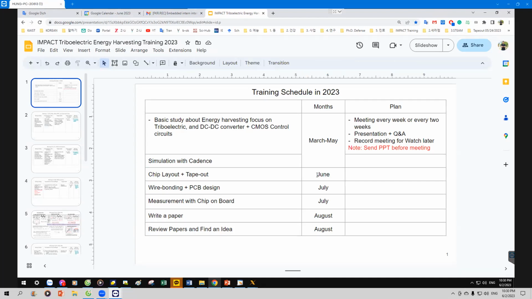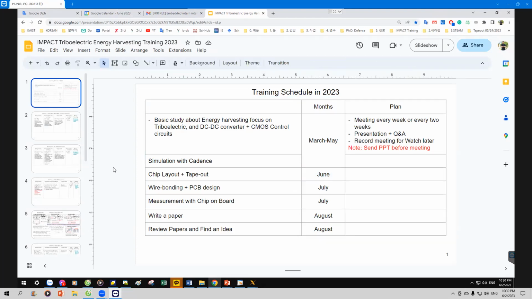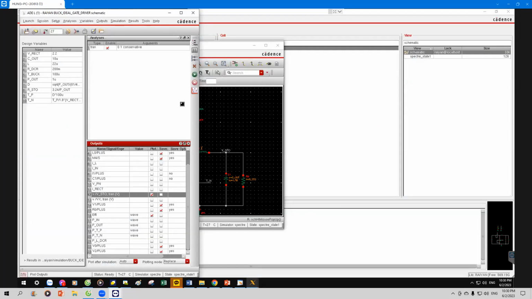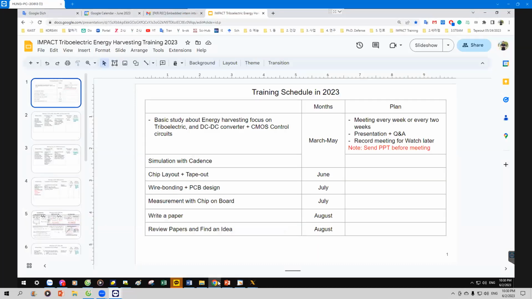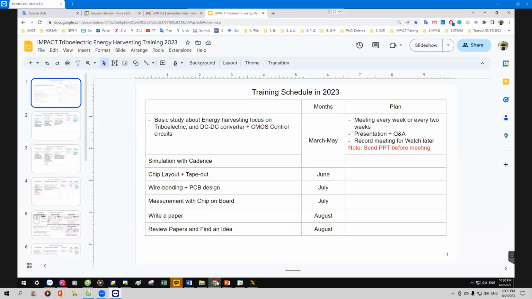I think we are quite late with the schedule. In summer, we can actually work more than once a week, if you are okay. In summer you have more time, so we can go faster. We will not have any studies, so we can do more than once a week.